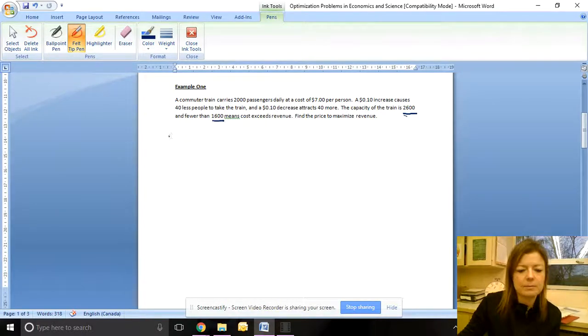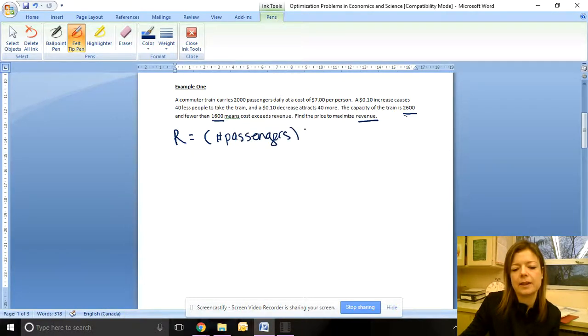So first of all, let's remember to think about how you're making money here. Notice it said to maximize revenue. So we are maximizing how much money we are taking in. So in this case, our revenue is going to be the number of passengers we have times the cost per passenger or cost per person. Both of these are changing with respect to how much we increase the price.